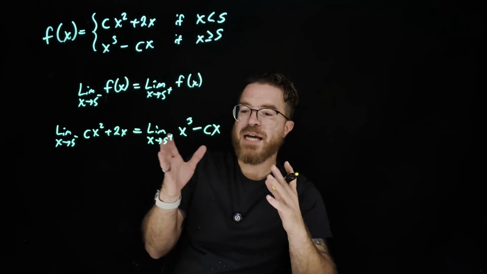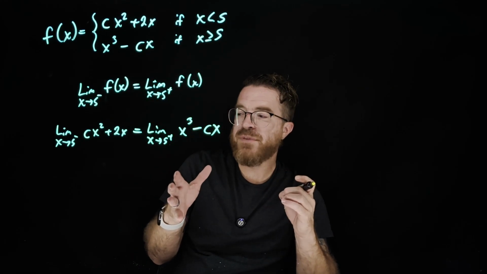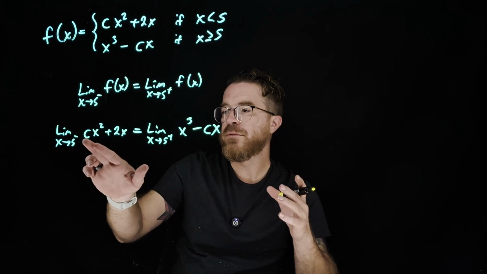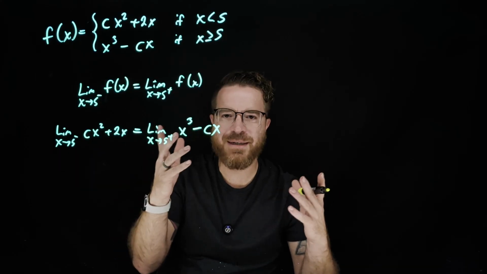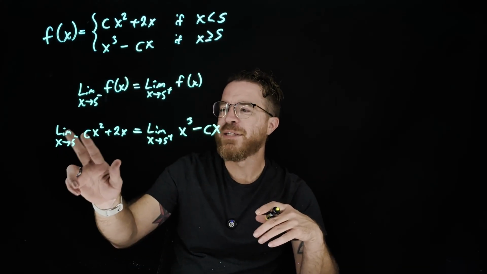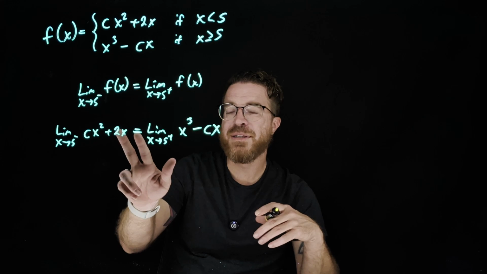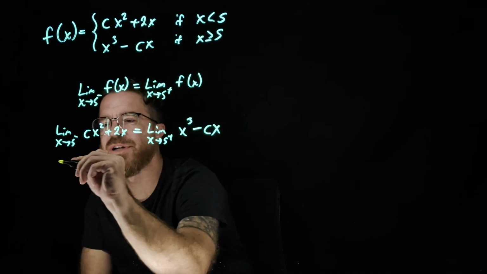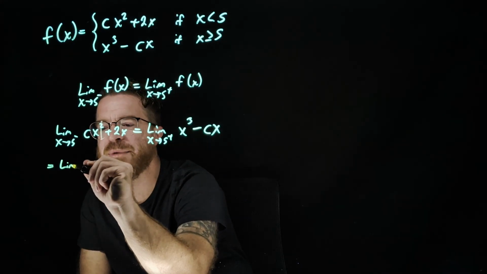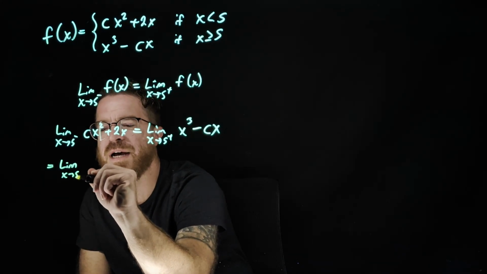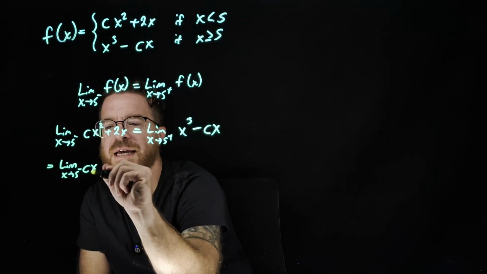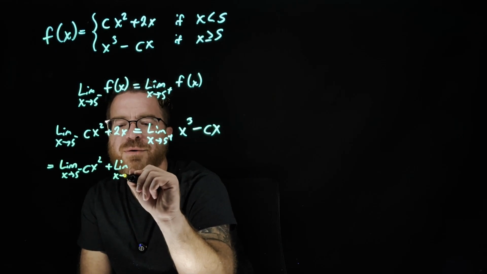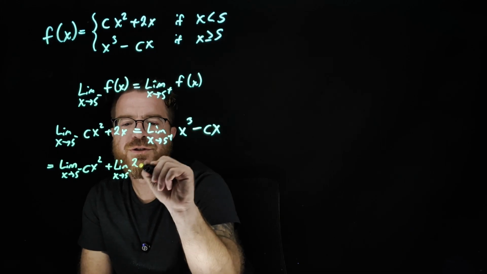Now I'm going to evaluate what both of these would be if I were to plug in 5. If we think of it piecewise, I'm going to take the limit of the first term plus the limit of the second term. That c is a constant, so I can pull that out. Actually, I'll do that just to show you the steps. So this would be the limit as x approaches 5 from the left of cx squared, plus the limit as x approaches 5 from the left of 2x.